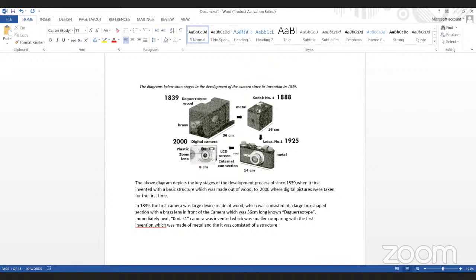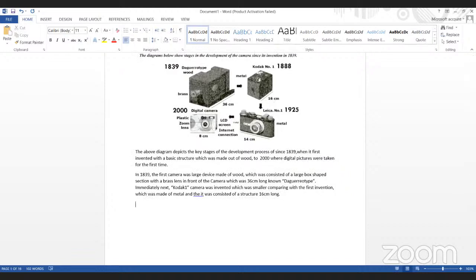Structure 16 centimeter, sorry, same long. Second one is also completed, right? Second one is also completed.